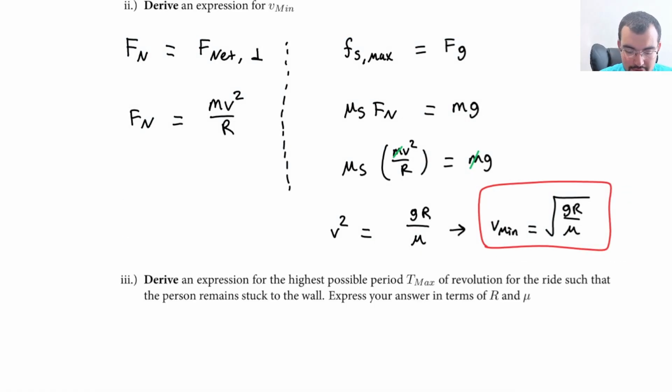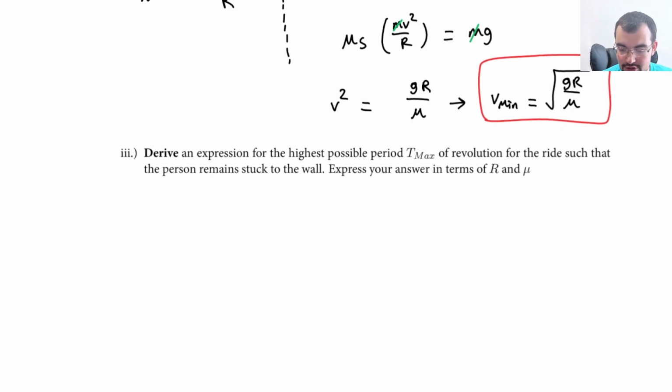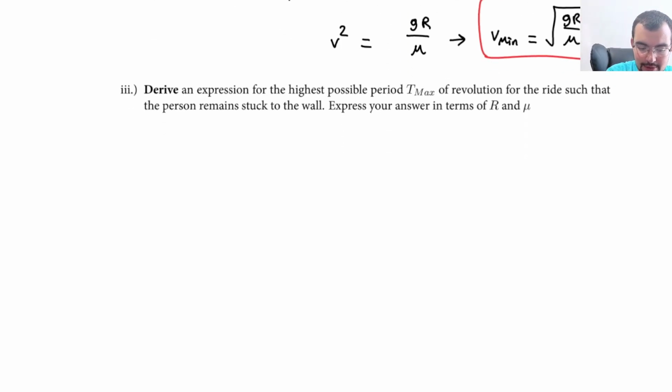All right, derive an expression for the highest possible period of revolution such that the person remains stuck to the wall. Well, we can just use the constant speed relationship, that distance equals speed times time, and distance is just 2 pi r.